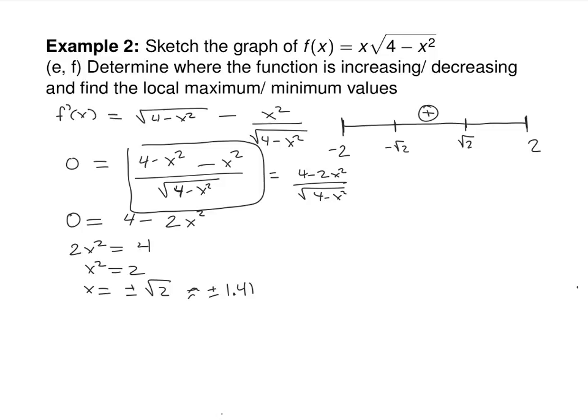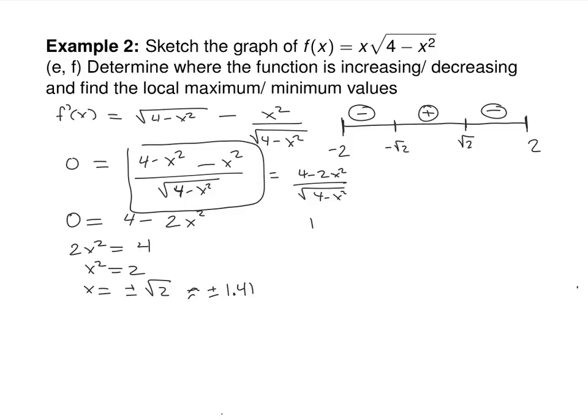Plugging in 2 isn't an option, because if we plug in 2, you get division by 0, and that's not okay. But if you plug in 1.5, what's 1.5 squared? 2.25. And 2.25 times 2 is bigger than 4, isn't it? So this is going to be negative. The denominator is positive because 4 minus 2.25 is a positive number, right?